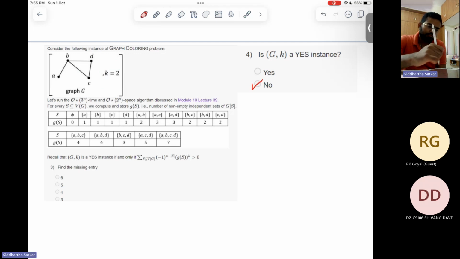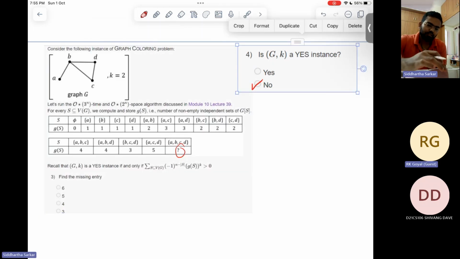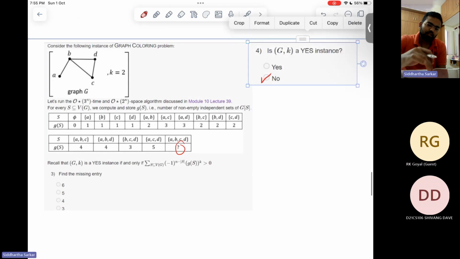So now we are referring to the same, okay, this is the same question, in fact. There is one missing entry, but here is a difference. The value of ACD is 5. What does this 5 indicate here? Let's look at it.